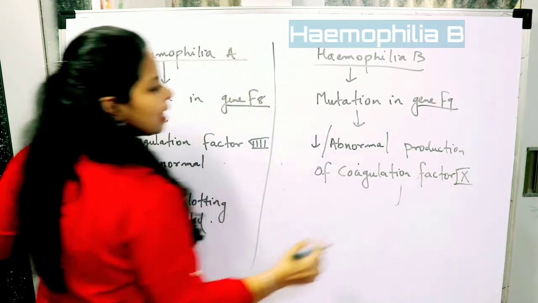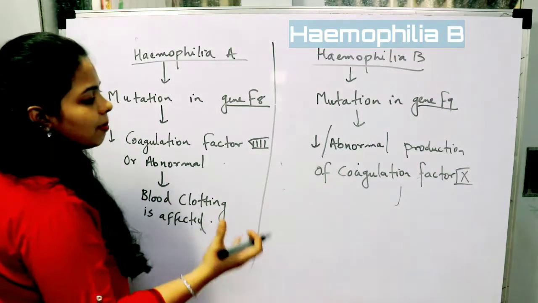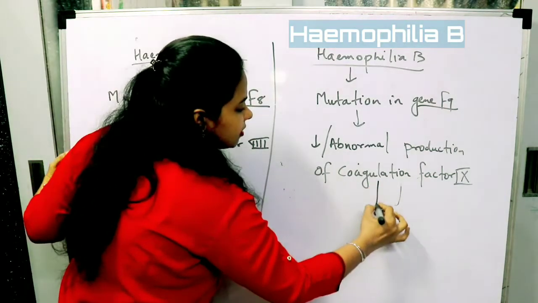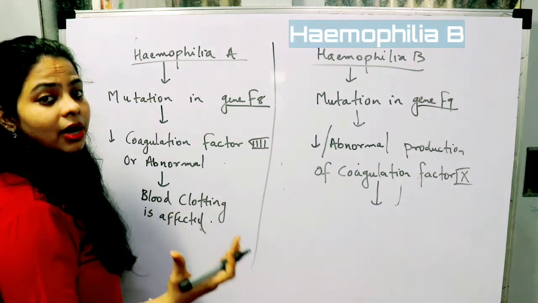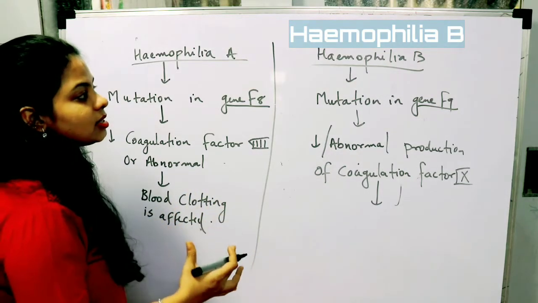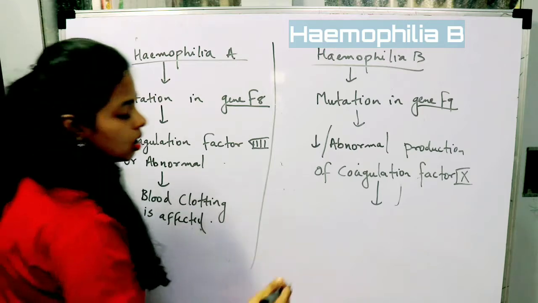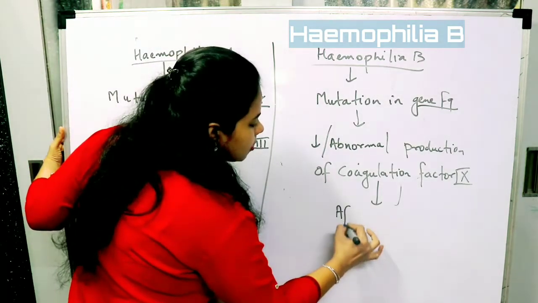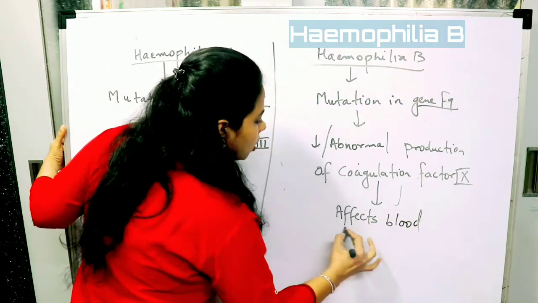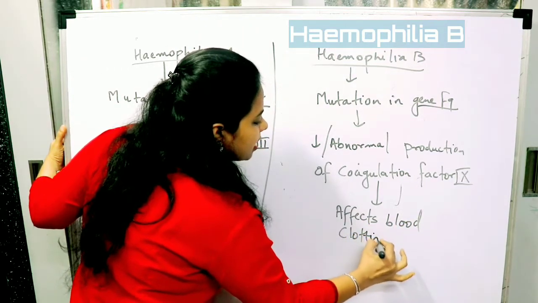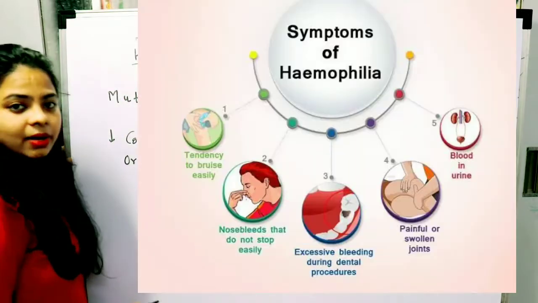So factor 9 is not produced, or it is abnormally produced. Again it affects the blood clotting, and because of this, again, continuous bleeding occurs. Is it clear? Yes. So these are the two types of hemophilia.